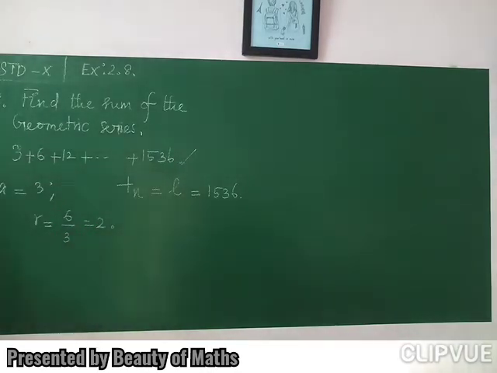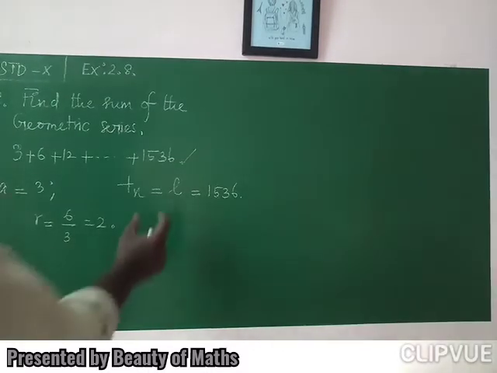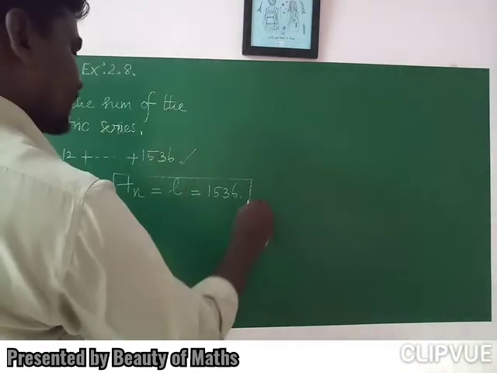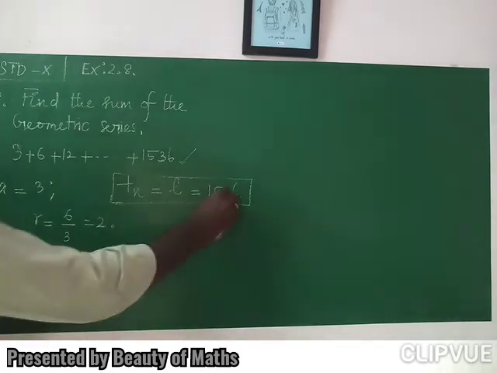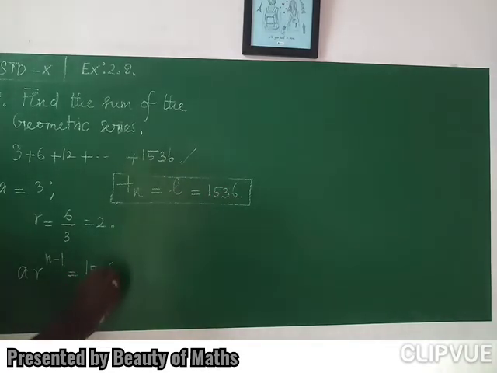Okay, so now we are going to find the sum of the geometric series. First we have to find the value of n. How can we find it? By using Tn equal to a of r power n minus 1, which is equal to this value 1536.